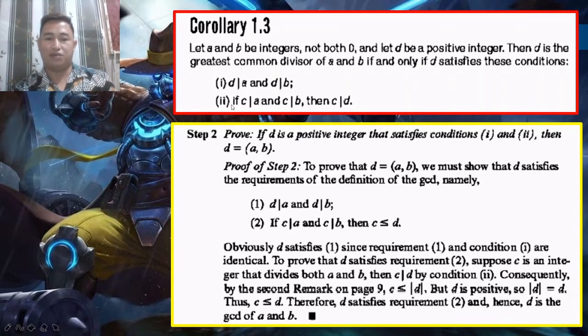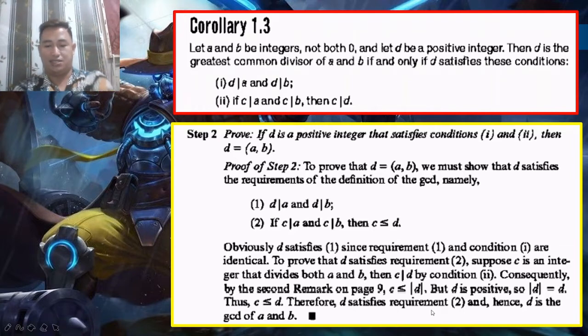So, consequently, by the second remark on page 9, C is less than or equal to the absolute value of D.